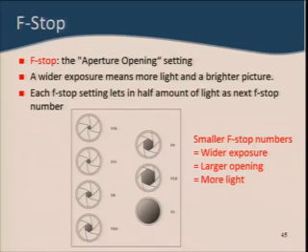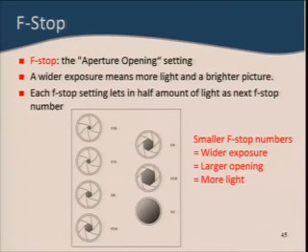If you look at this diagram, a larger f-stop number means the aperture opening is smaller, and a smaller f-stop number means the opening is larger. So this is an inverse relationship you need to pay some attention to.